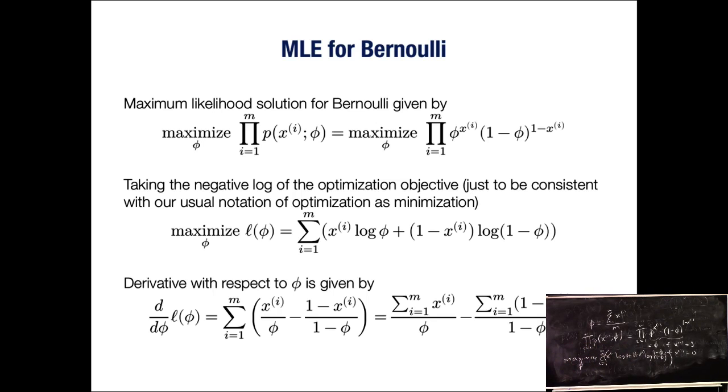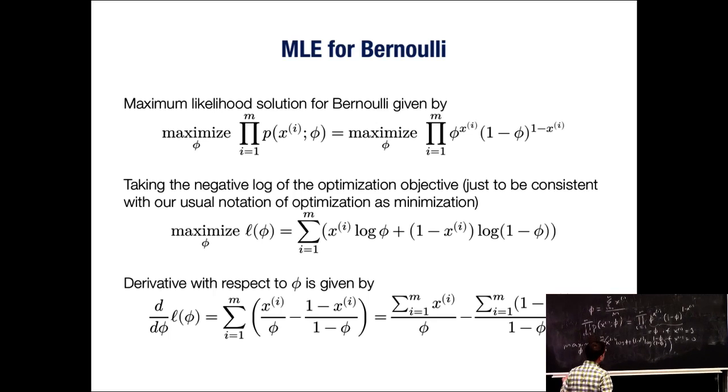OK, how do I maximize that? Well, we know already that the way you optimize any function is you take the derivative and set it equal to 0. I could be thinking about minimizing the negative of this function or maximizing it. Both ways, you set the derivative equal to 0. So let's take derivatives.